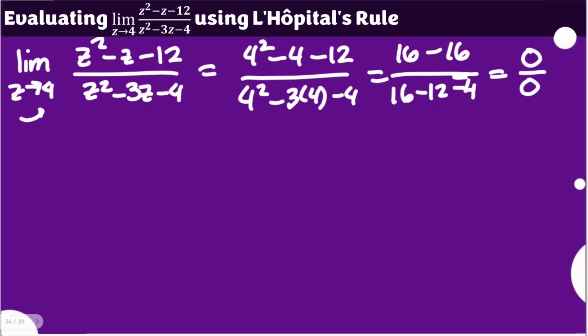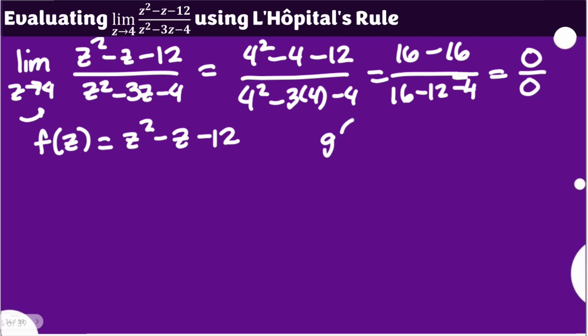Because L'Hopital's rule tells us to take the numerator, let's say f of z, equivalent to z squared minus z minus 12, and the denominator, g of z, being z squared minus 3z minus 4, and use the derivative of both, and use those derivatives to form another rational expression. And if that limit exists, that is also the limit of the original function.